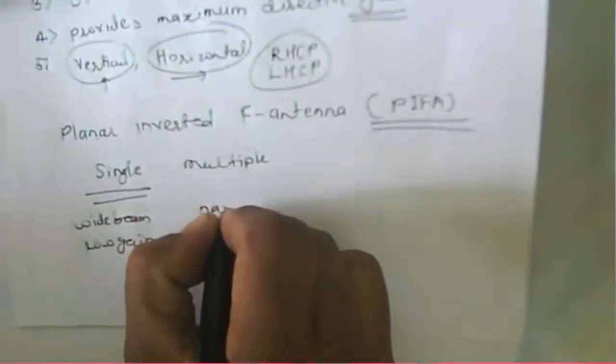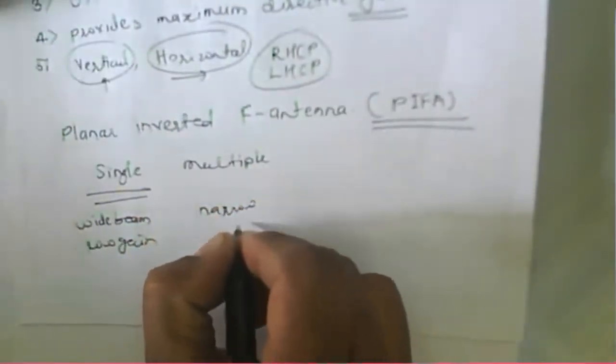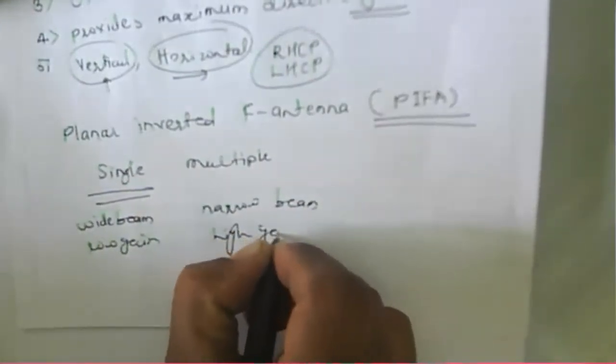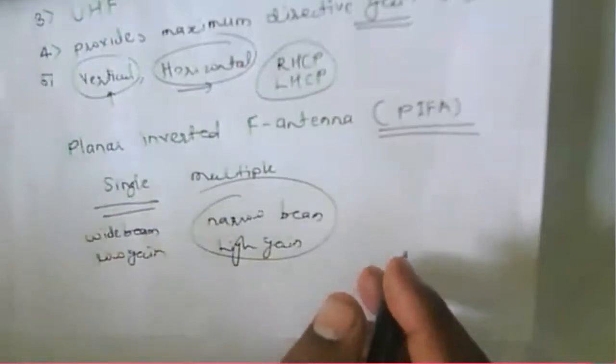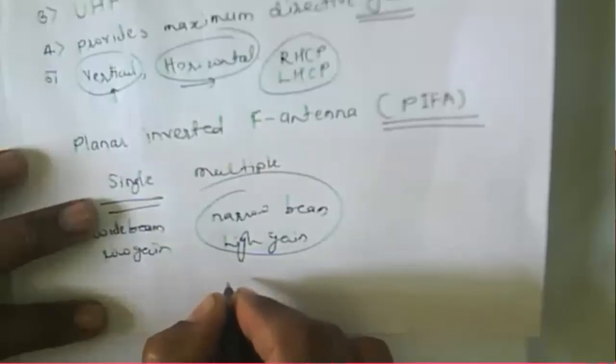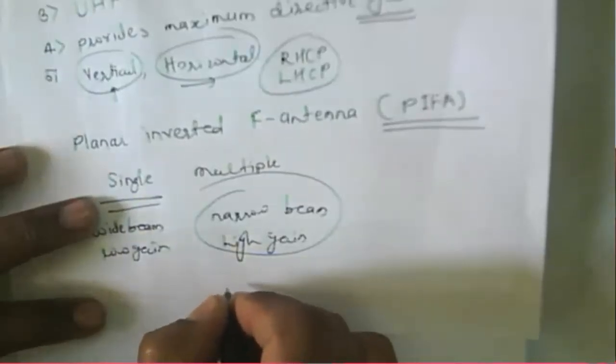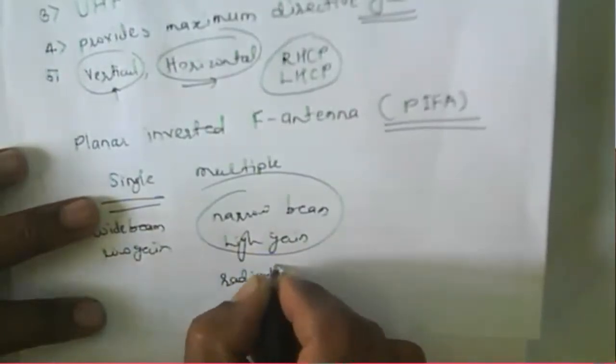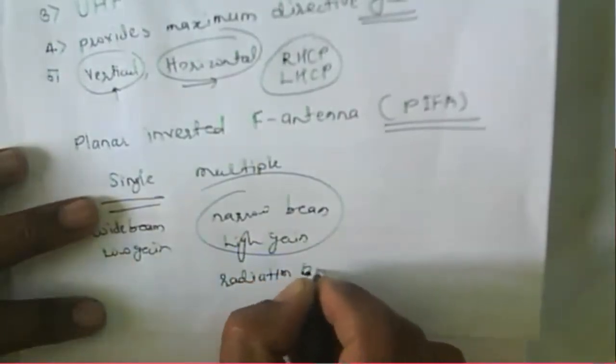Multiple patches give a narrow beam and high gain, which means we can improve the gain, or improve the beam. For multiple antennas we can also improve the radiation bandwidth.